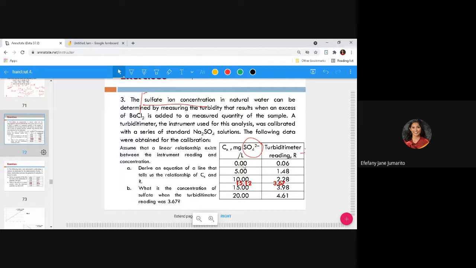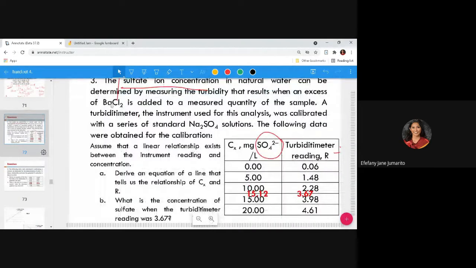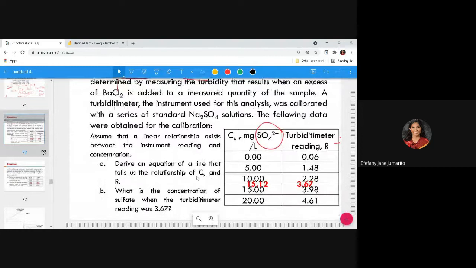In letter A, we are asked to derive an equation of the line that tells us the relationship between the concentration of your sodium sulfate and your turbidimeter reading.